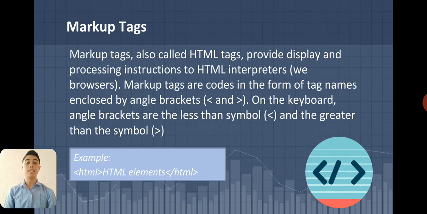One example of this, as you can see on the screen: less than HTML greater than, inside of it are the HTML elements, enclosed by less than slash HTML greater than. So, are we following? Very good.